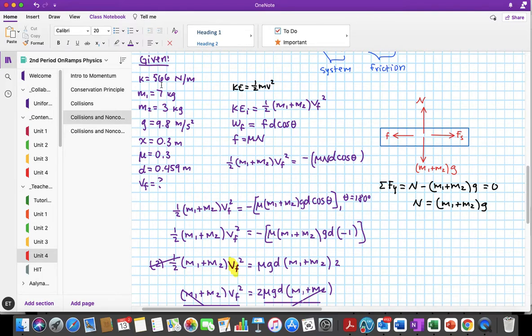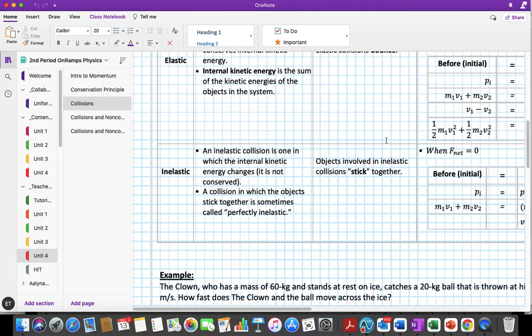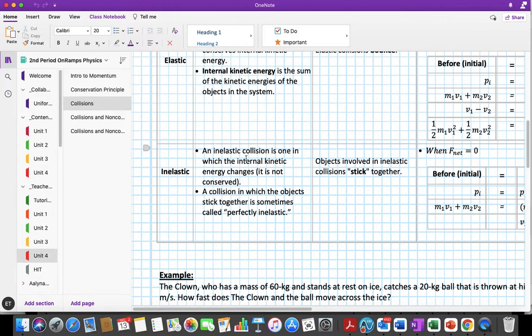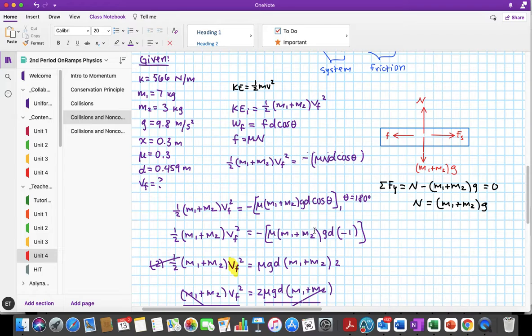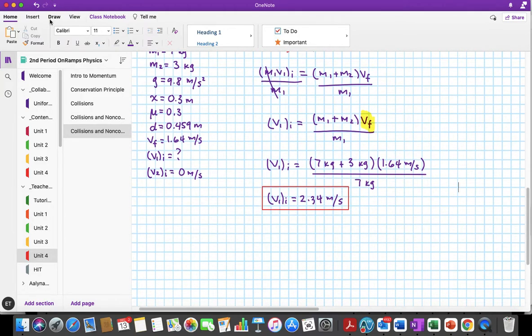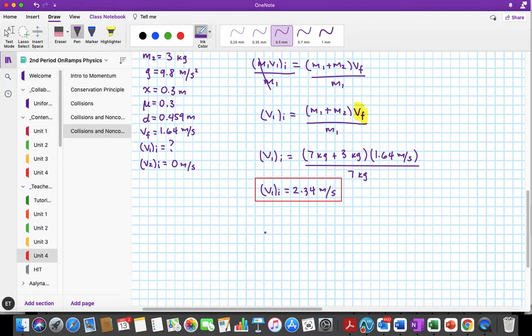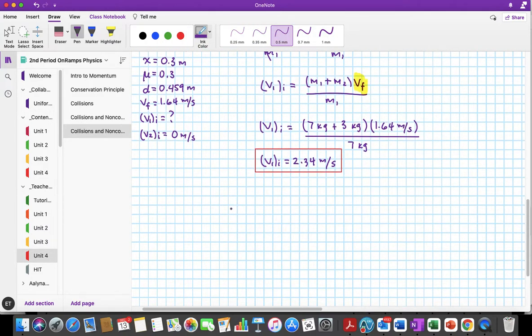Now, just for fun, let's see if what we said is true, right? We said that for inelastic, the internal kinetic energy is not conserved. It changes, right? So the internal kinetic energy before the collision, since mass 2 is not moving, would be 1/2 mass 1 times velocity 1 squared initial.